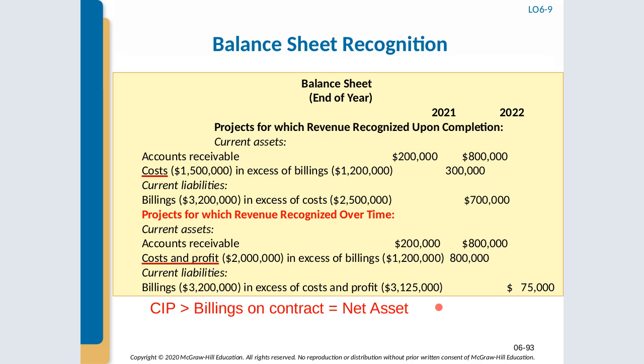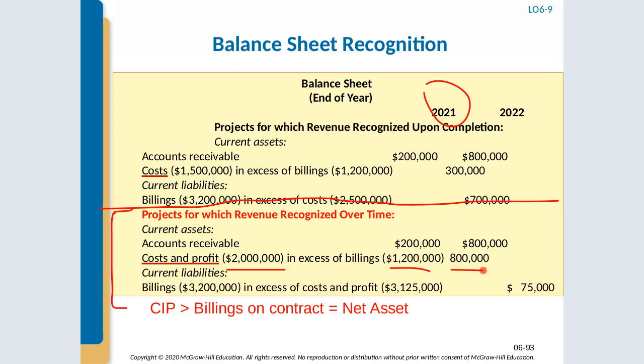So I'm looking here. This is our percentage of completion right here. They combined it with the other method. We'll put a pin on that. I'll talk about that later. But here we can see, or actually it's a bit confusing because it's not actually reported, but here we can see in 2021, our construction in progress was 2 million and the billings was 1.2.